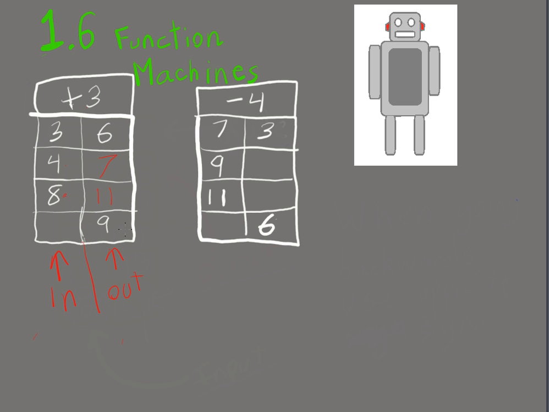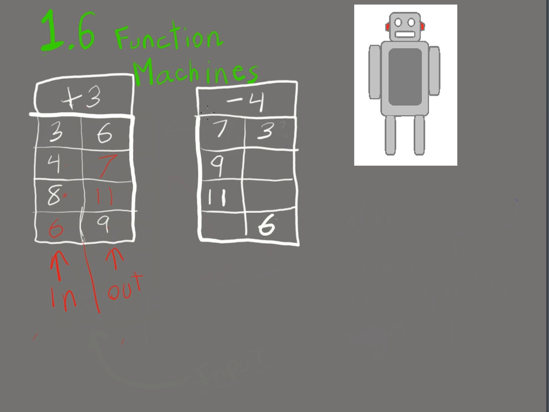That's the one that goes backwards. And remember, when we go backwards, we flip the sign. We do the opposite sign. So we take 9. The opposite of +3 would be -3. So we go 9 minus 3 is 6. If we want to check that, we can go backwards. 6 plus 3 does equal 9, so we know that's correct.